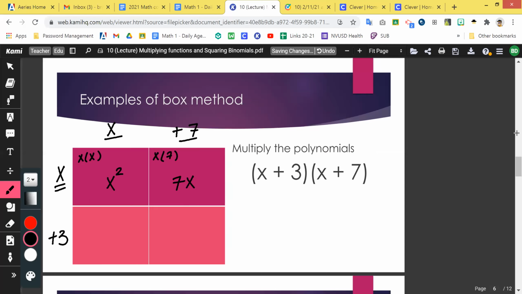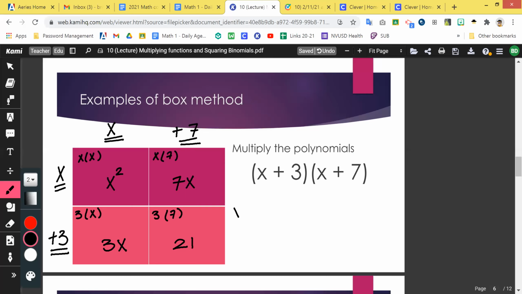Now we're moving down, bottom left, 3 times x, that gives me 3x, and one more, bottom right, 3 times 7, that gives me positive 21. Okay. So again, the location of the box is telling you where you are putting things and what you're multiplying by. So now that I have 4 terms, I'm going to write those 4 terms out.